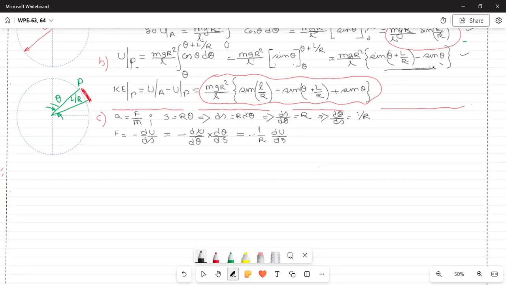This is the potential energy at P, that means potential energy when the chain is at an angle theta. Rather, the starting of the chain is at an angle theta. So we write it clearly so that later on when you see this note, it will be clear to you.